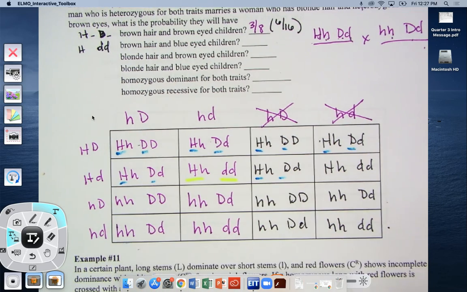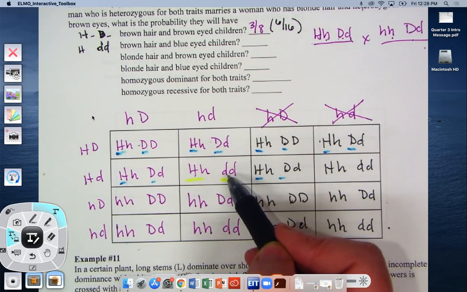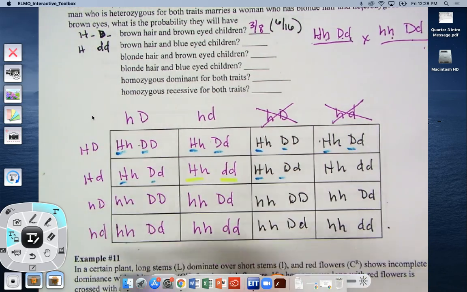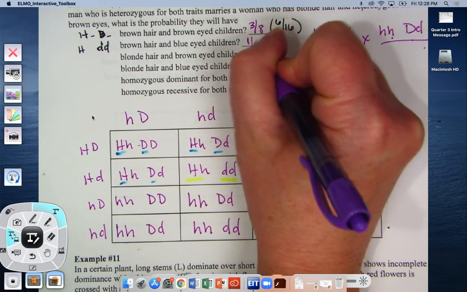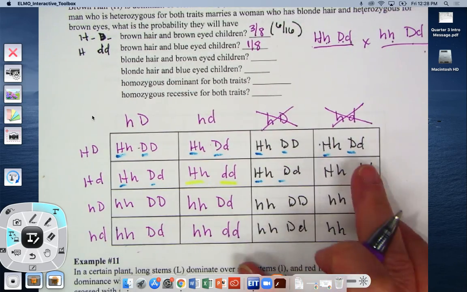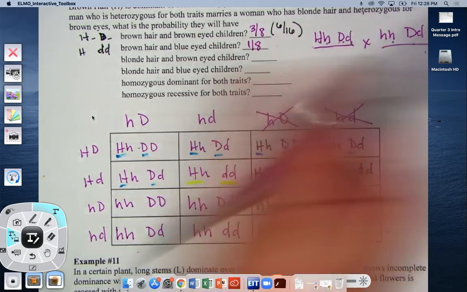Is that it? Yeah. Okay. So that would be 1 out of 8. And again, if we had done the whole thing, we would have found 2 out of 16, which is 1/8.